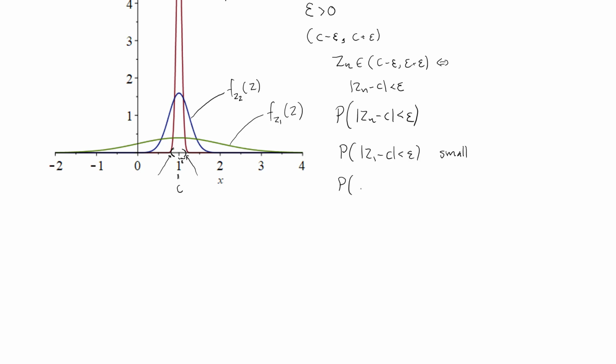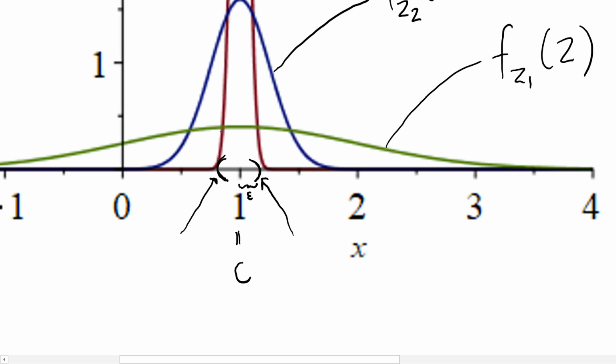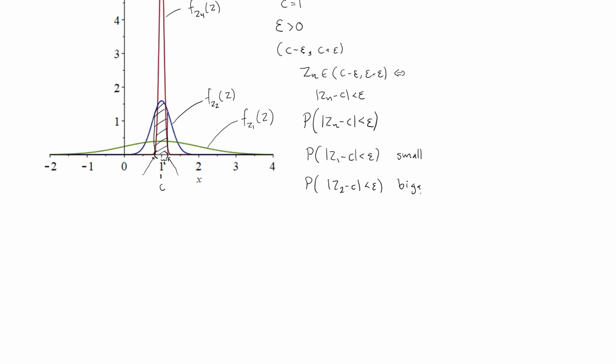If we look at the probability that Z2 will end up in the interval, then we need to use the blue PDF. So that would be this area here. It is certainly larger than the probability that Z1 will end up in the interval. In this case, it looks like, I don't know, around a half or so. Not important what it is, but it's certainly bigger.